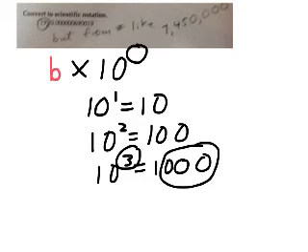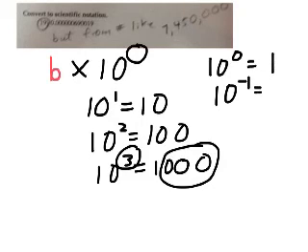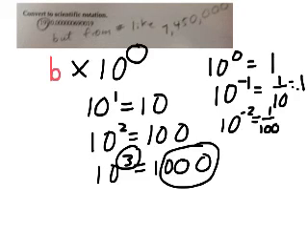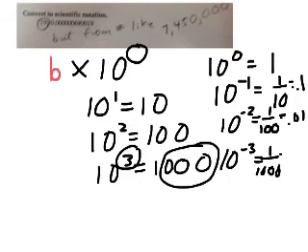And then there's the other way, going into decimals. 10 to the 0 equals 1, 10 to the negative 1 equals 1 over 10, or 0.1, 10 to the negative 2 equals 1 over 100, or 0.01, 10 to the negative 3 equals 1 over 1,000, or 0.001, which is 1,000th.